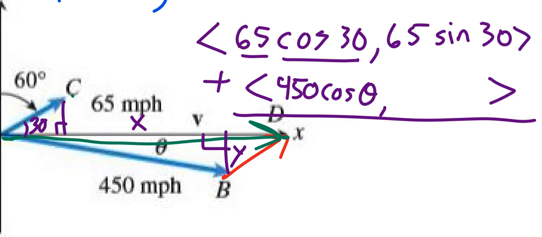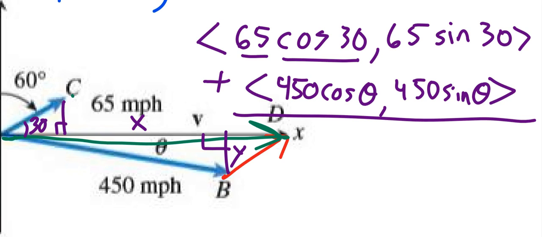What would you say for the y? 450 sine theta. Because we just don't know what theta is. Now, what part of that green vector do you know? Do you know the x or do you know the y? I have no idea what the x component is.